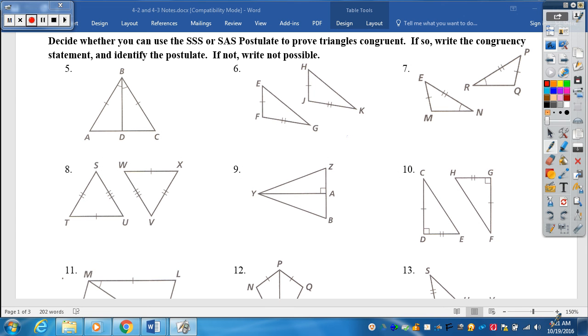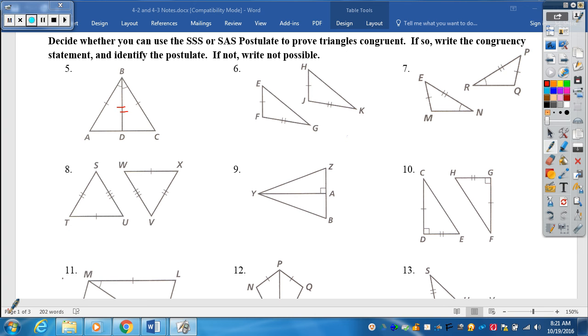Determine whether you can use the side-side-side or side-angle-side postulate to prove the triangles congruent. If so, write the congruency statement and identify the postulate, okay? As I look at number 5, the very first thing that should come to your mind is that I have a side length that's shared. Whenever you have a shared side length, you want to mark that congruent right off the bat because of the reflexive property.